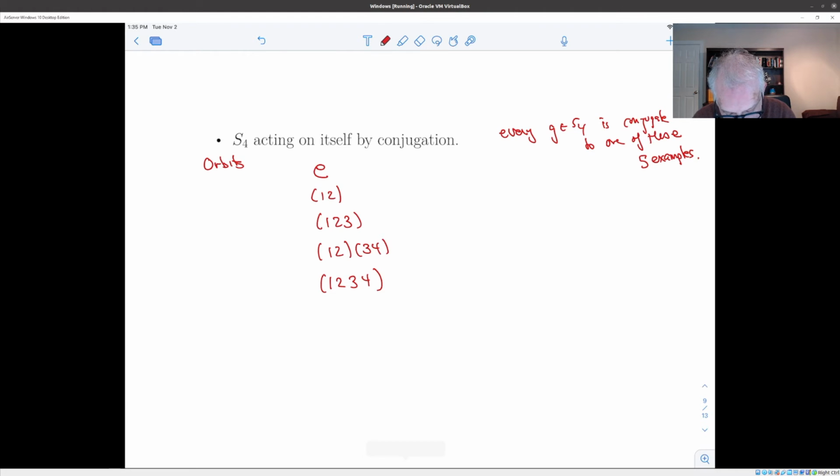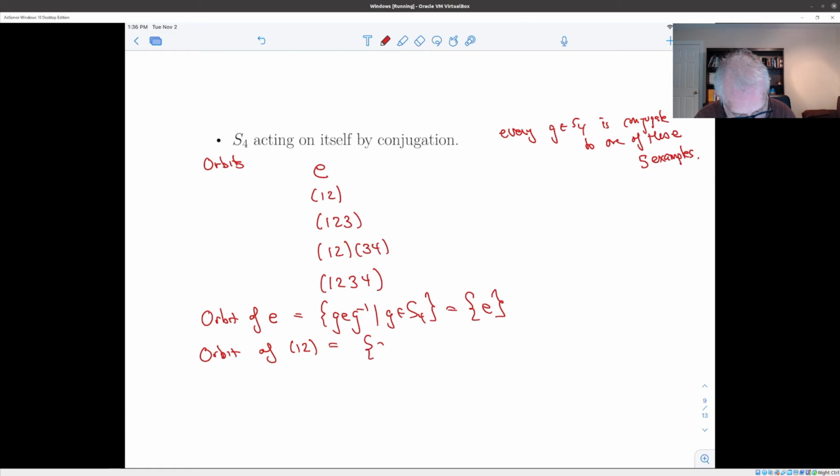So the orbit of e is the collection of g e g inverse, where g is in S4. But of course, g e g inverse is just e. So it's in an orbit all by itself. So the orbit of (1 2) is the collection of g (1 2) g inverse.